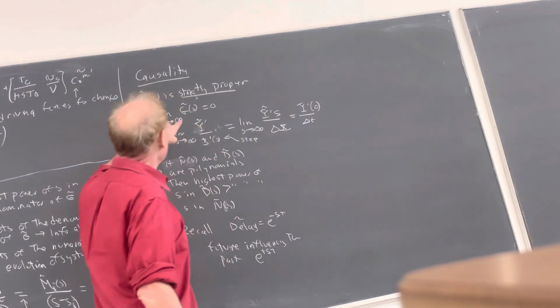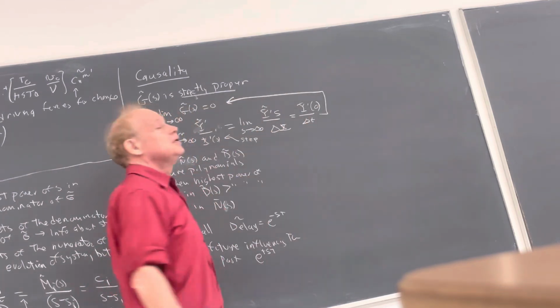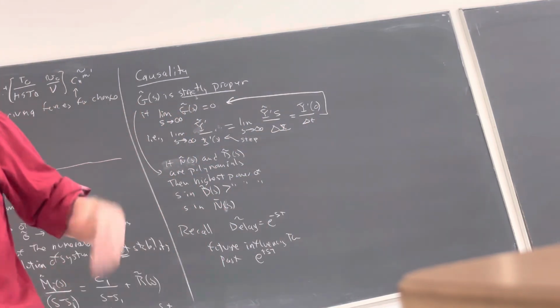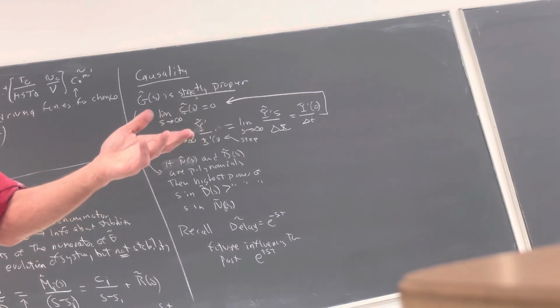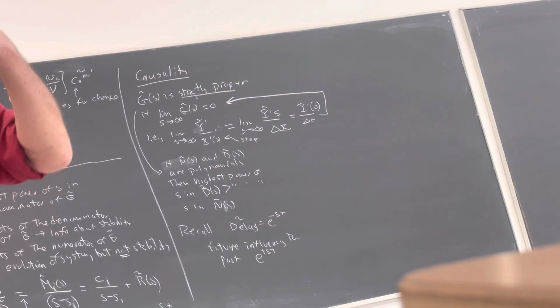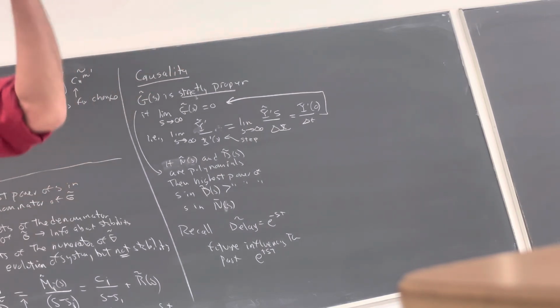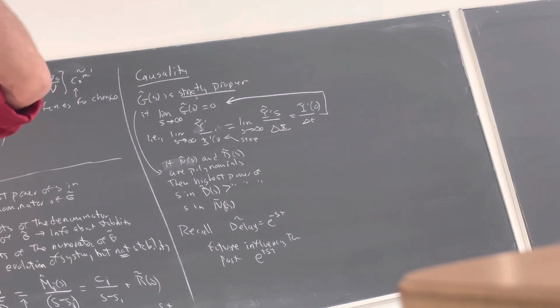So requiring this to be 0 says that initially there's no change in y. I can't have a change in y due to a change in x before I have the change in x. I can only have that after t goes to 0. When I change x at t equals 0, nothing is changed yet in y until t is greater than 0. So it's again another statement of causality.